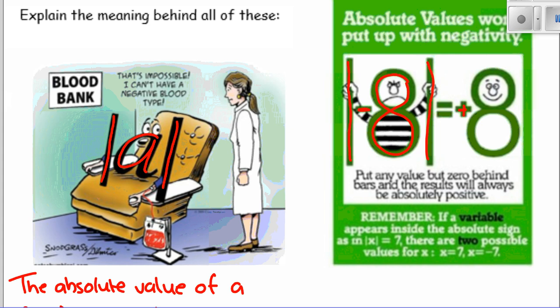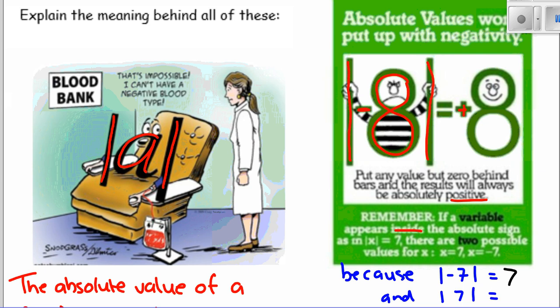So remember, if a variable appears inside the absolute value, as in the absolute value of x equals 7, there are two possible values for x. You could have x is 7 or x equals negative 7. And that's because the absolute value of negative 7 equals 7 and the absolute value of positive 7 equals 7.